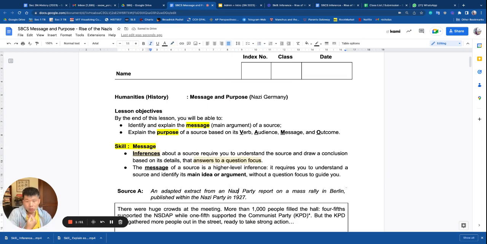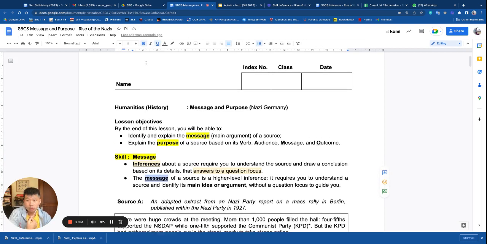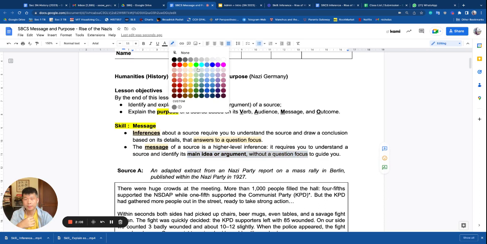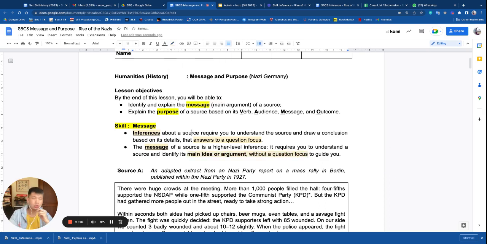The message of a source, you could think of it as the higher form of an inference. Why? Because the message of a source is when you try to understand the main argument, the main idea of a source, but you don't have a question focus. You sum up the source, you say, okay, the main point of the source is so and so, but you don't have a question focus to guide you. What do I mean?